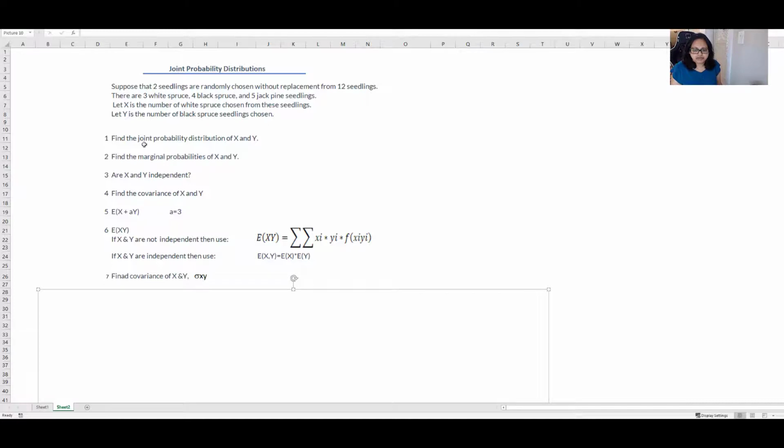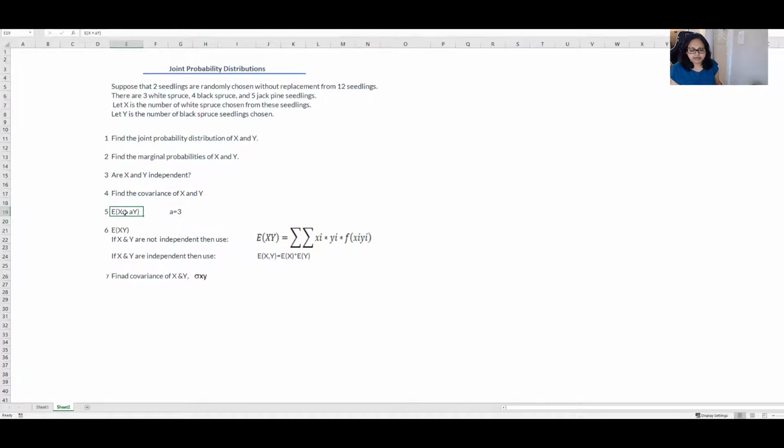We are interested in finding the joint probability distribution and then the marginal probabilities. I'll talk about that, and then whether those two random variables are independent. How about their covariance? If they're not independent, you will see that they should have some covariance value.